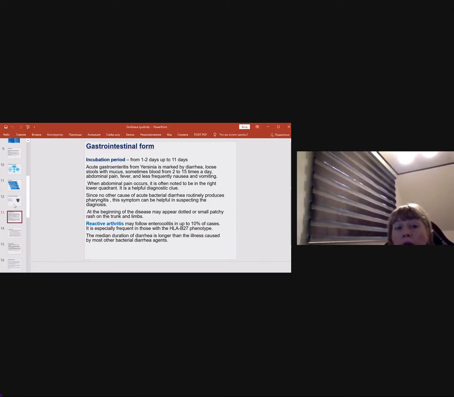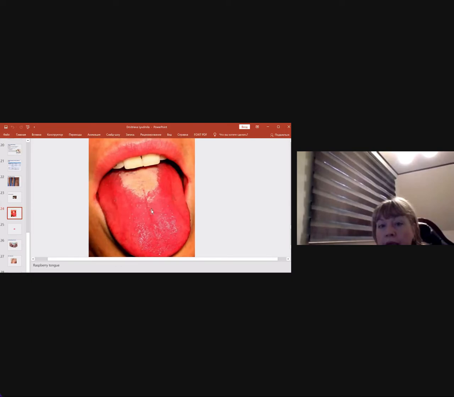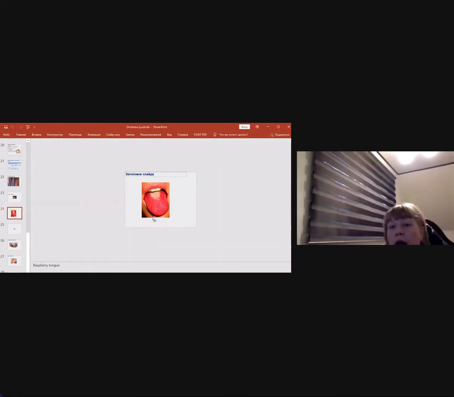And now I want to show you some specific signs in the patients with yersiniosis. All patients with yersiniosis, whatever the clinical form, may have a specific tongue. You can see a strawberry-like tongue. Yes. What else?